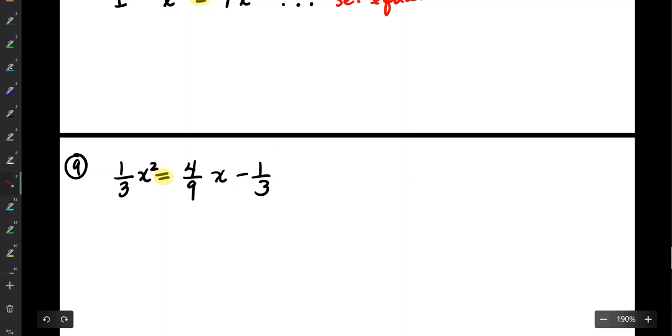So I'm going to clear these fractions by multiplying both sides by the least common multiple of these denominators. If I skip count by 3 and 9, the first multiple they have in common is 9. So if I multiply both sides by 9, and 9 is 9 over 1, you will clear these fractions.